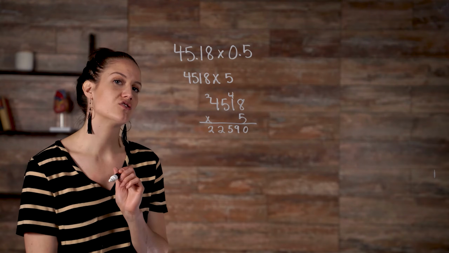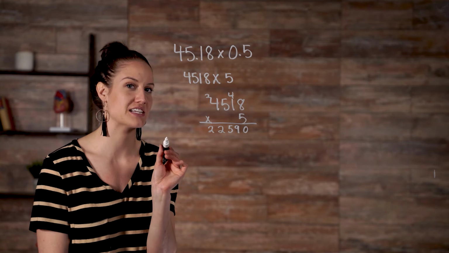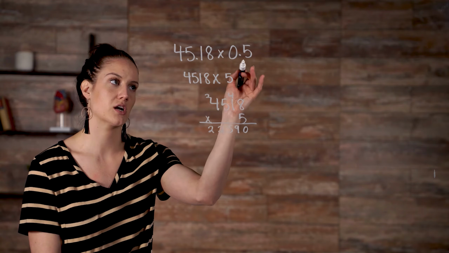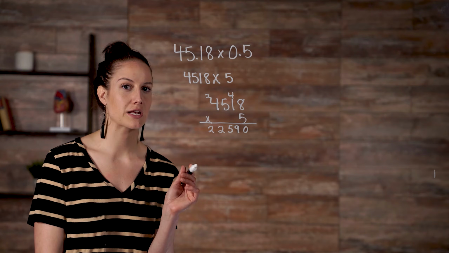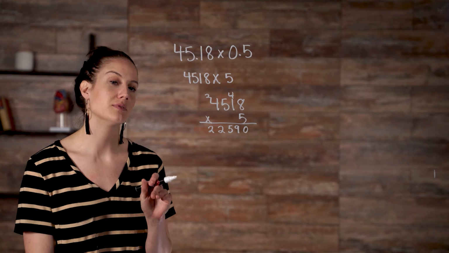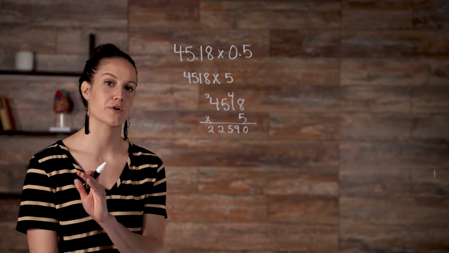Go back to the original equation and count how many numbers are behind each decimal point. In this case, there are 3, 2 here and then 1 here. We're almost done. Now that we know there are 3 numbers behind the decimals, we go back to our answer and place the decimals 3 places from the last number.